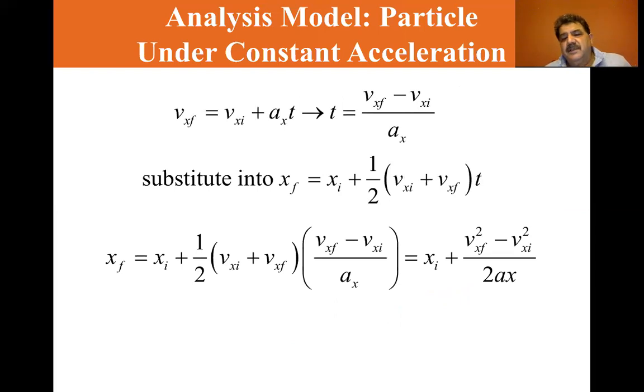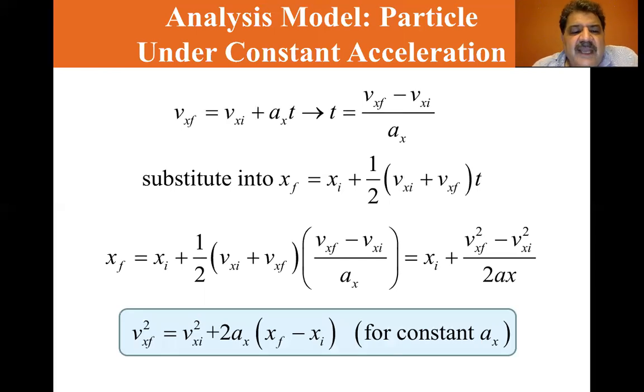Remember, if you have (a plus b) times (a minus b), you get a squared minus b squared, and that's what they're using here. We get vxf squared equals vxi squared plus 2ax times delta x for constant a. Now notice that this equation doesn't have a time. There's no time in here, so sometimes this can be a very useful equation.